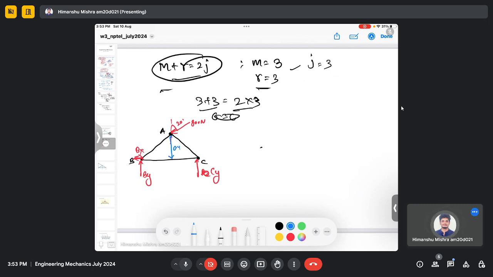This is 0.4, this is 0.7 meter, this is 0.7 meter.